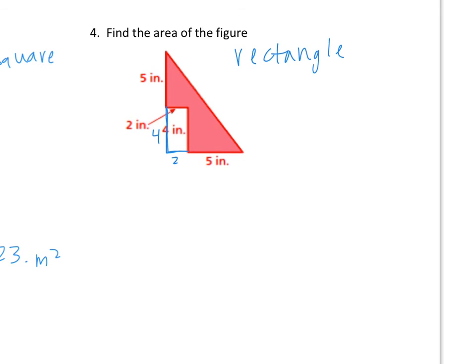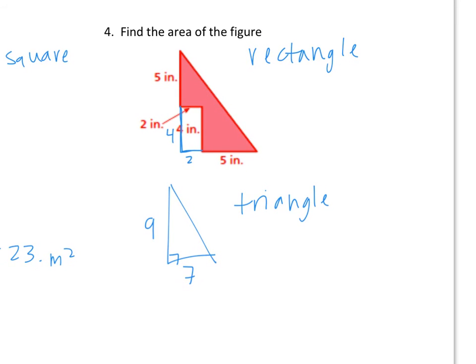And then that leaves us with a triangle where the base is 7 and the side is 9. So those two things we can find the two areas of, and then we are just going to do triangle minus the rectangle, and that will give us the area we're looking for.